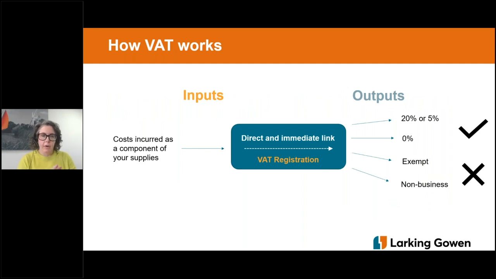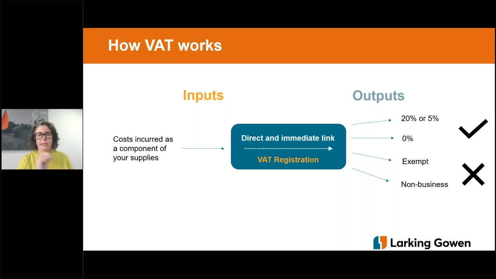We're focusing on inputs, as I say, and working out the recovery of VAT on costs, but we do need to keep in mind that we're always looking at whether we can wholly attribute costs to taxable outputs. So that is the income that generates you VAT at 20%, 5% or 0%, because if you can link your costs to taxable outputs, you can have all of the VAT back on that cost.